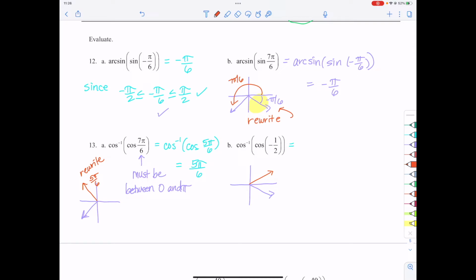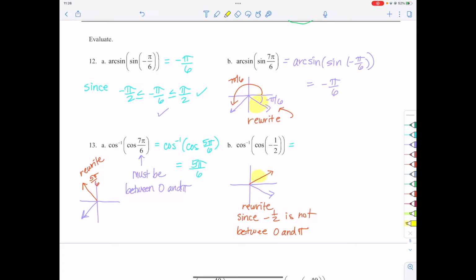So negative 1/2 is not between 0 and pi. So we rewrite.